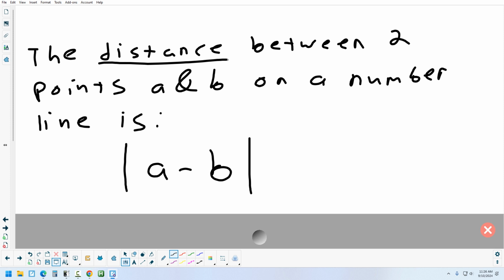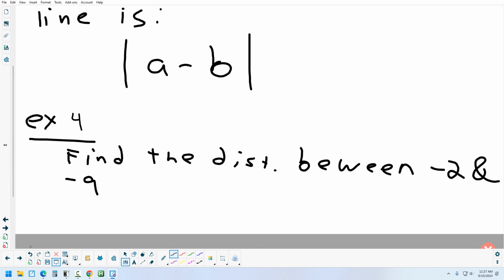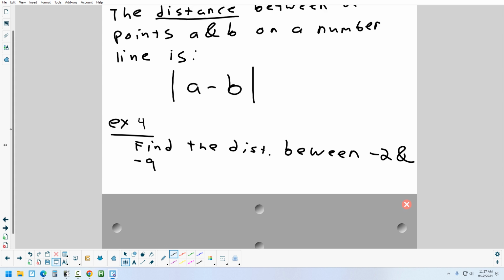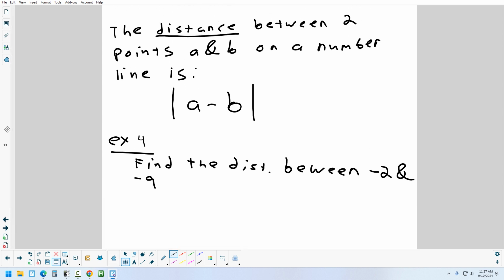Well, if you take the absolute value, that takes the sign out of the problem. It's always going to be positive. So it doesn't really matter which one you put first. So let's find the distance between those two numbers, -2 and -9, on the number line.